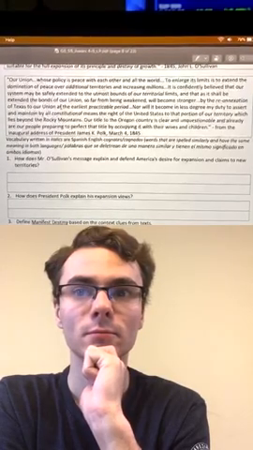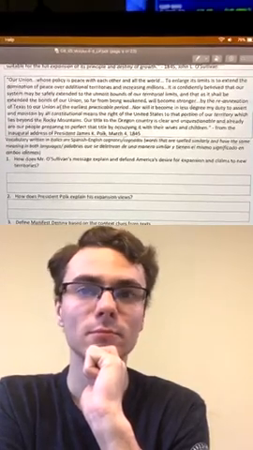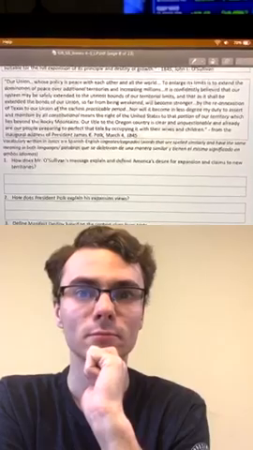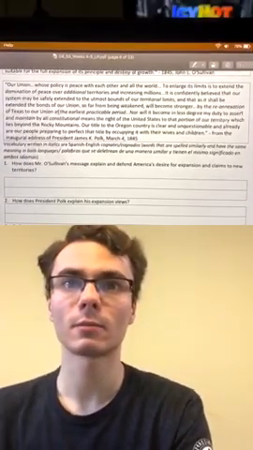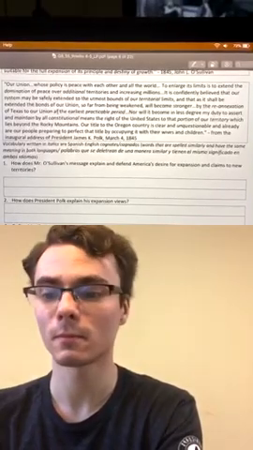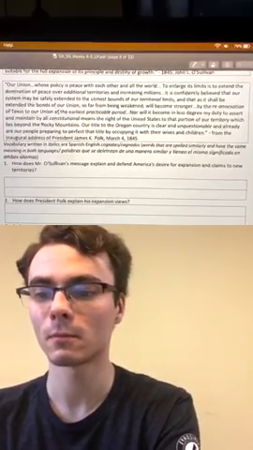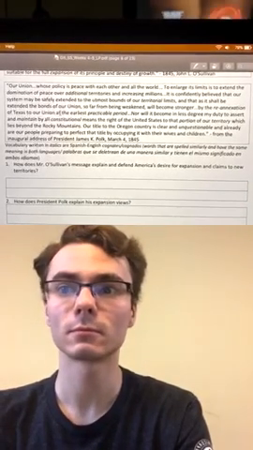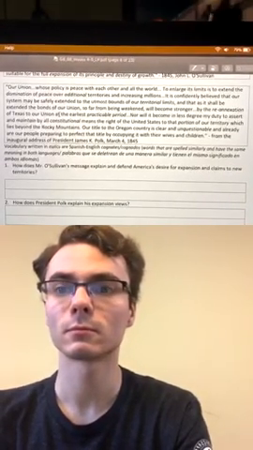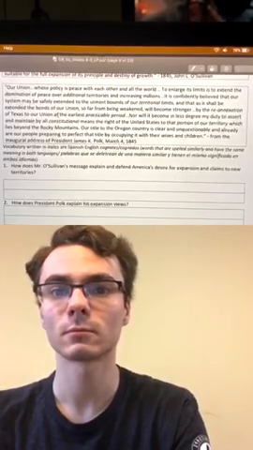We're taking Texas back over at the earliest practicable period. Nor will it become in less degree my duty to assert and maintain by all constitutional means the right of the United States to that portion of our territory which lies beyond the Rocky Mountains. Our title to the Oregon country is clear and unquestionable, and already our people are preparing to perfect the title by occupying it with their wives and children.